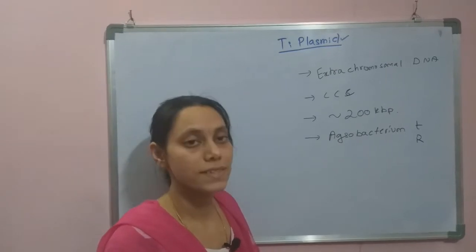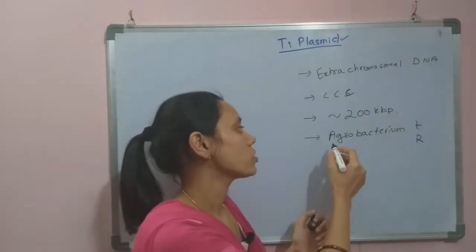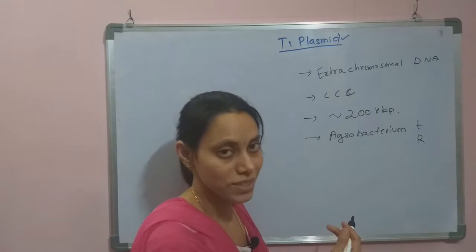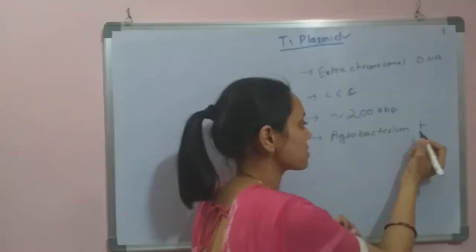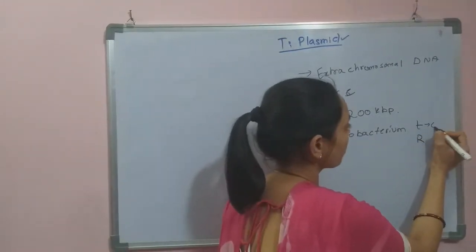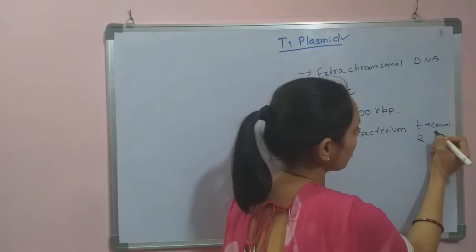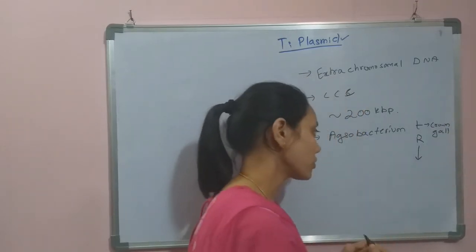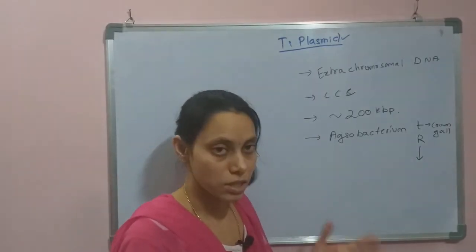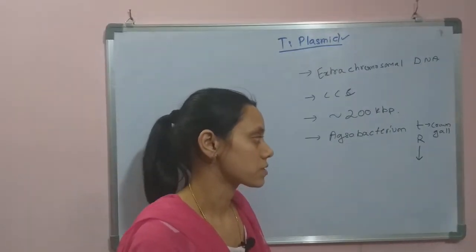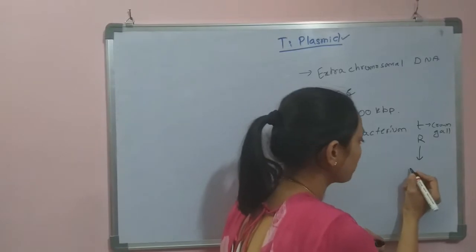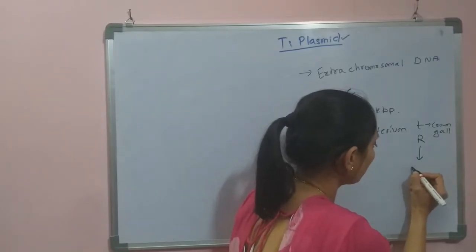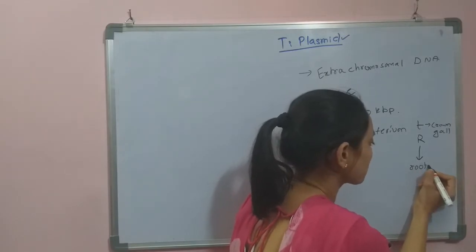Basically, there are two diseases. Because of Agrobacterium tumefaciens infection, it causes the disease called crown gall disease, and due to Agrobacterium rhizogenes, the plant will get the disease called hairy root disease.